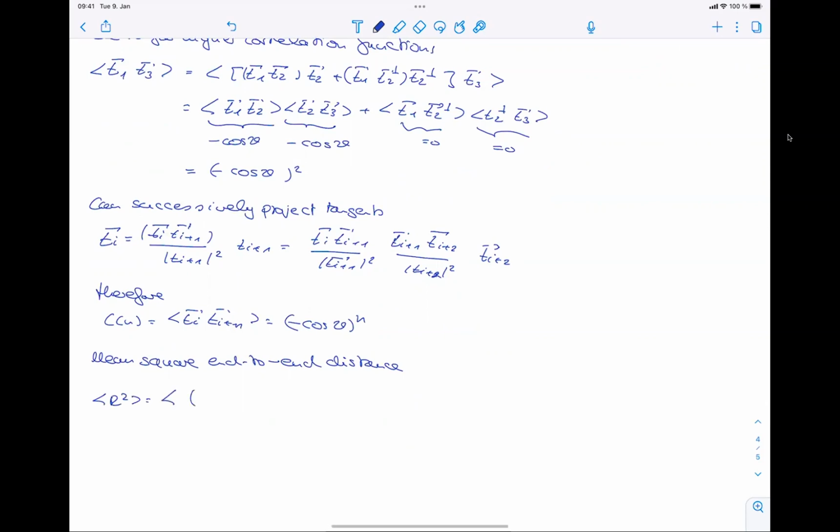So as before, this is just the sum over all tangents squared, which we can write as a double sum over I and j, ti, tj.